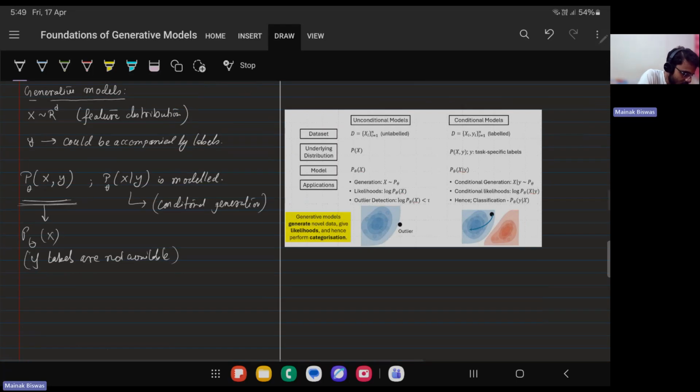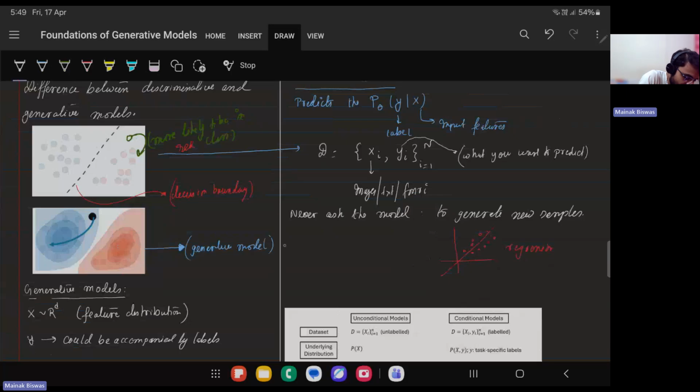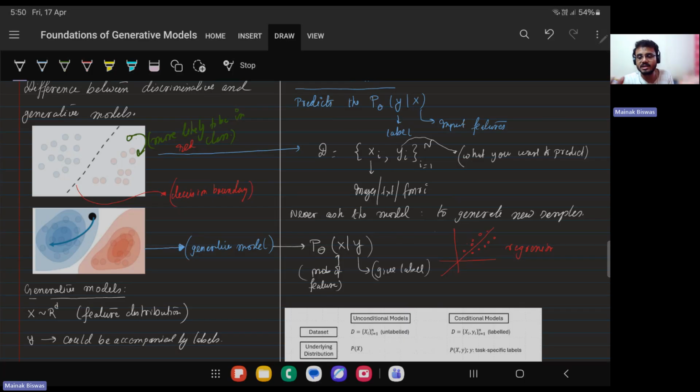What does it mean? Looking at this plot over here, you are trying to build a model which predicts the probability of a feature given a label.